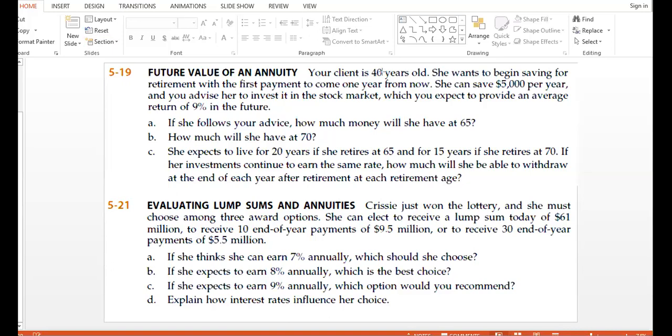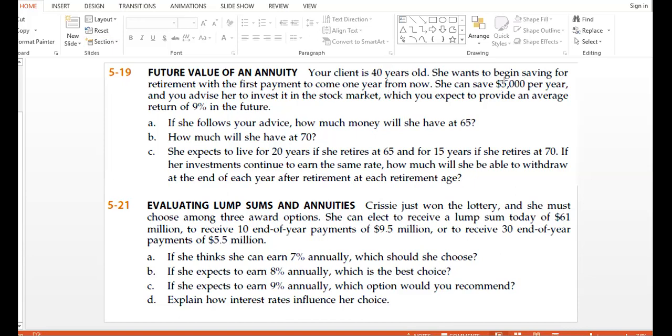Your client is 40 years old. She wants to begin saving for retirement with the first payment to come 1 year from now. That is after 1 year. So the payment is at the end of the period, meaning we are talking about an ordinary annuity.